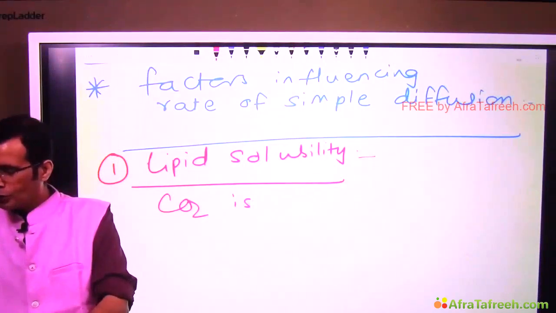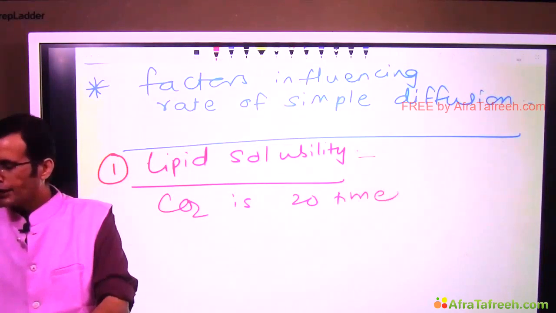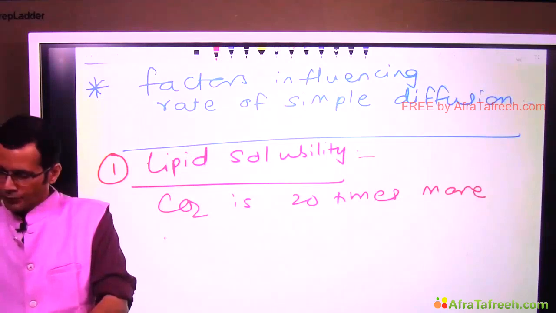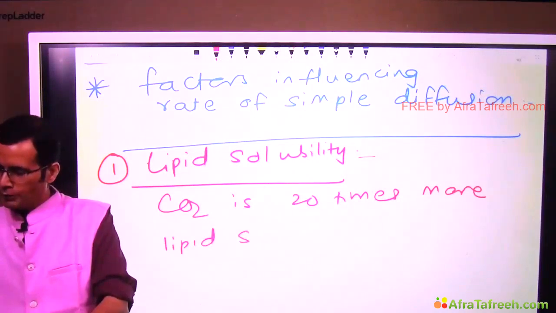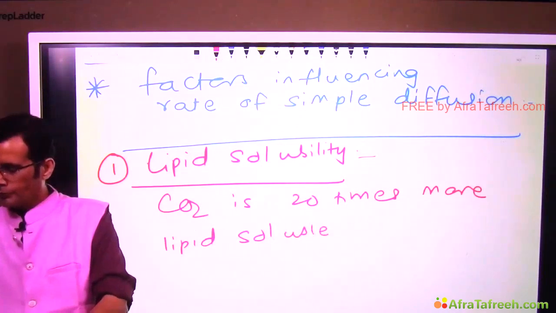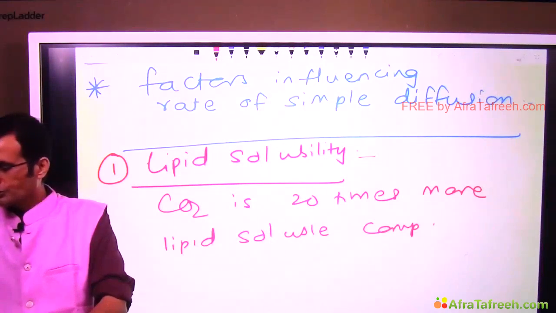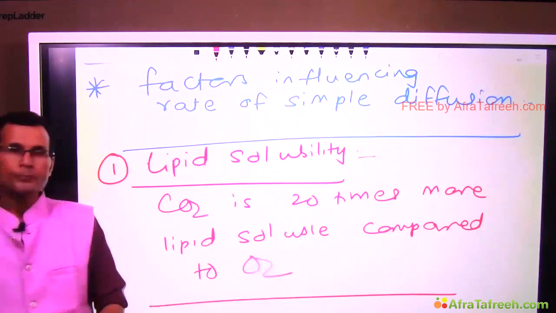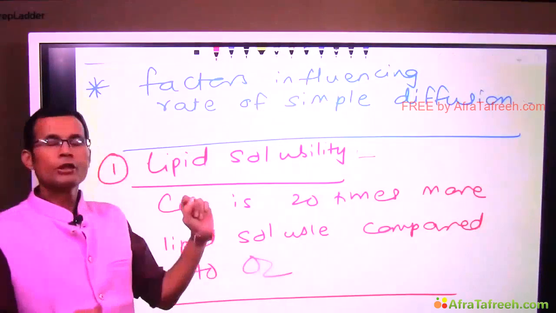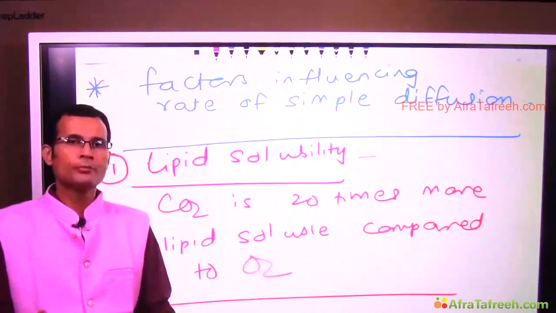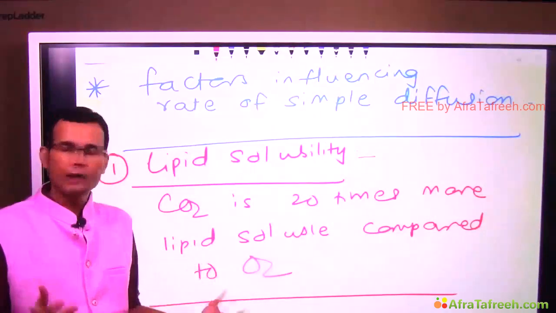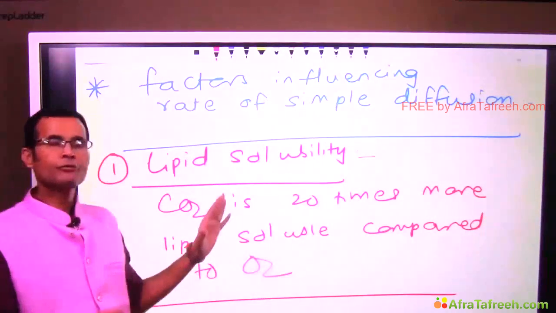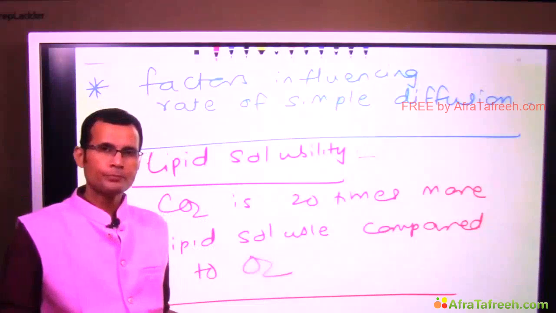CO2 is almost 20 times more lipid soluble compared to oxygen, and hence the rate of carbon dioxide diffusion will be much faster as compared to the rate of oxygen diffusion.